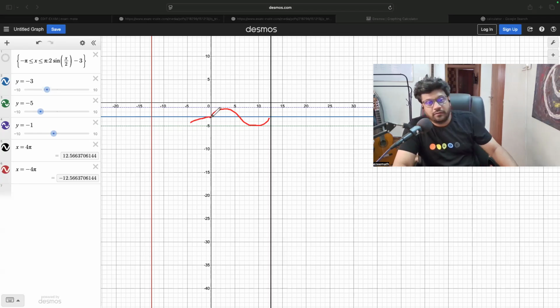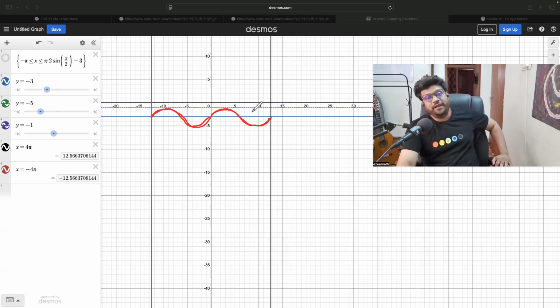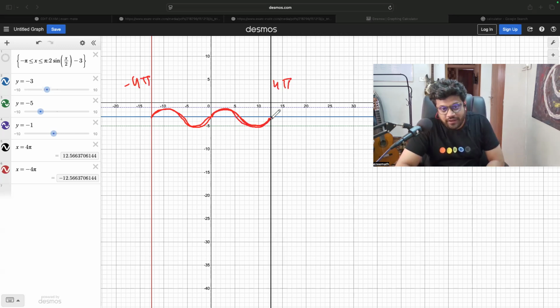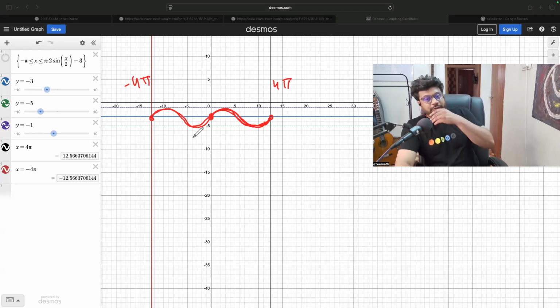It's not symmetrical, but something like that. I'm expecting it to be between minus 4 pi and 4 pi. There it is, one whole wave between 0 and 4 pi, and the same one whole wave between 0 and negative 4 pi.